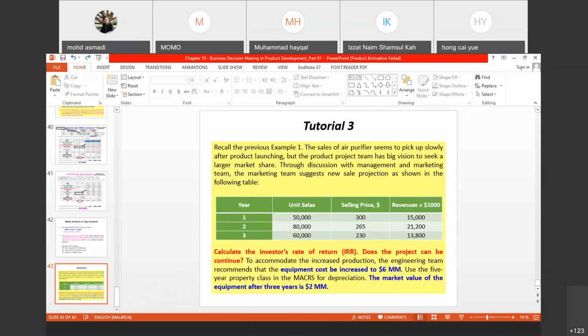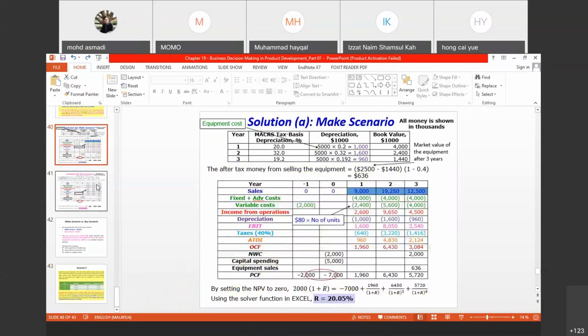So how can we start this one? Actually, it is similar, just like this. Determine the depreciation as well as the book value. And then the sales. If you look here, this is the sales, similarly the revenue.